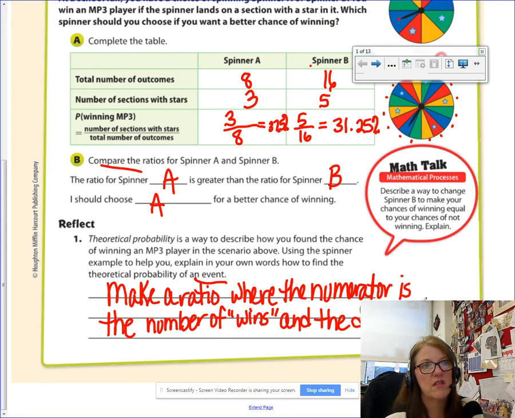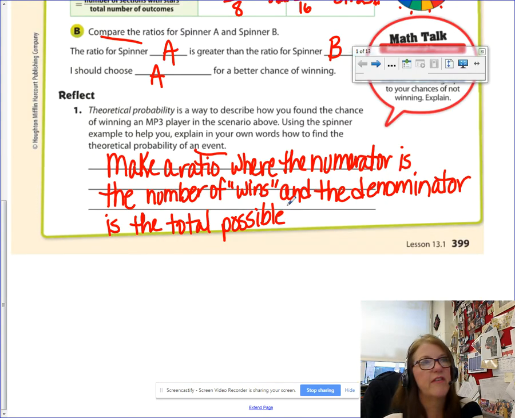Denominator is a great word. A lot of syllables. And the denominator is the total possible outcomes. I'm going to bump that up because I don't know where my face is hiding the screen. The total possible outcomes. There we go. Okay.